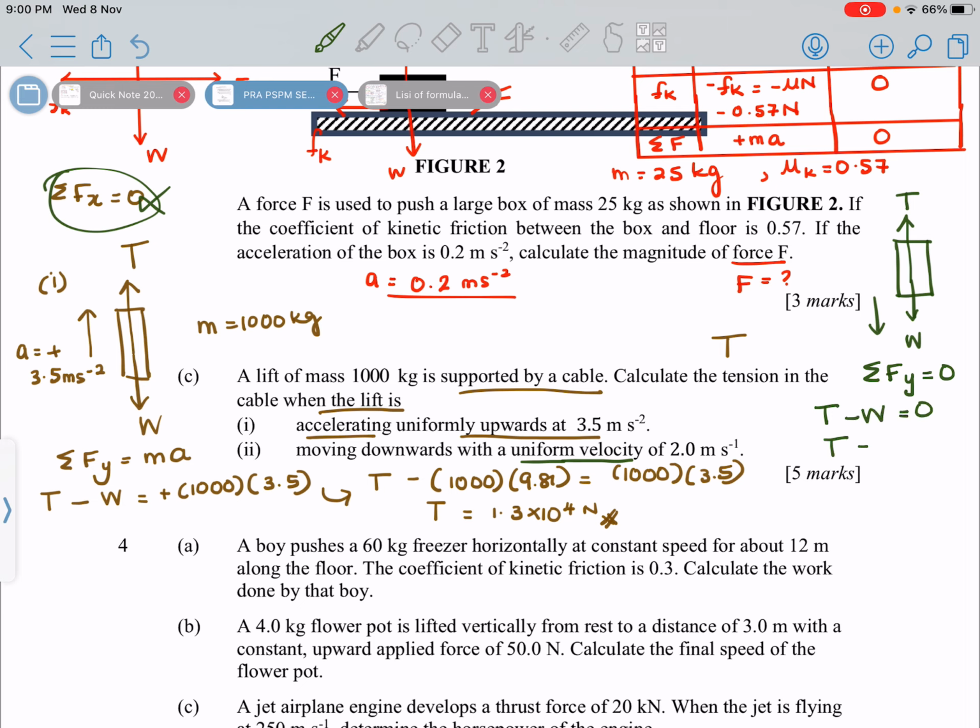So T is actually equals to mg ataupun T sama dengan 1000 darab 9.81. So maksudnya kita punya T is actually 9810 and okay. So that is how you answer question on forces.